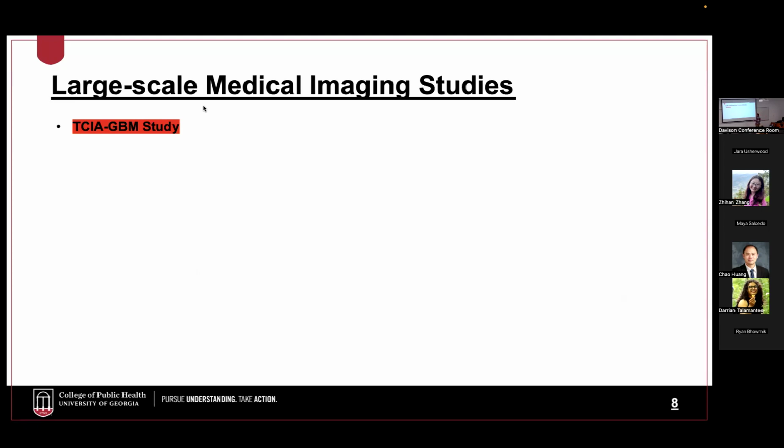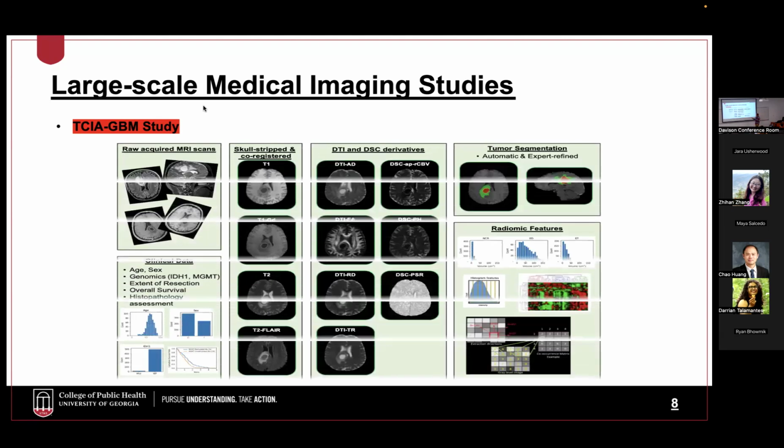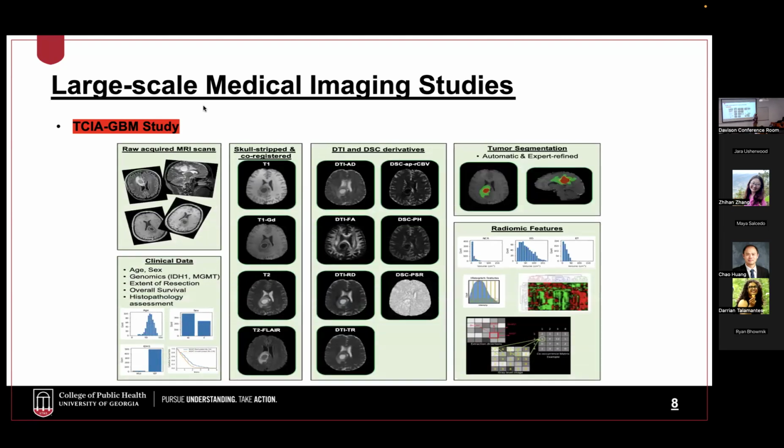So for this TCIA GBM study, they mainly focus on brain tumor disease. Typically, they connect raw MRI data, and for this raw MRI data, they have different modalities, like T1, T2, and FLAIR. These different imaging modalities can reflect the tumor areas in the brain accurately, and can help clinicians or imaging readers to locate the tumor in our brain.